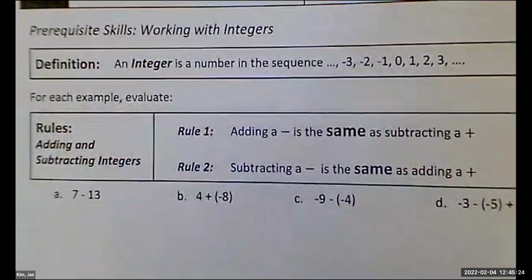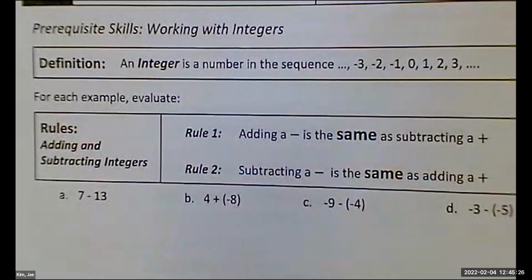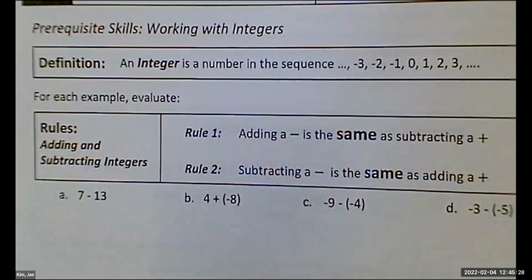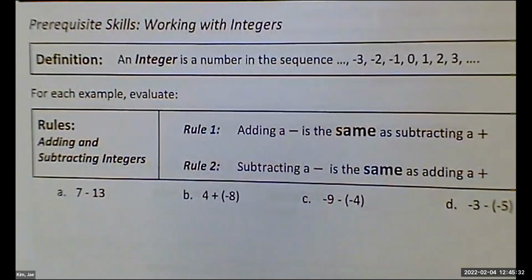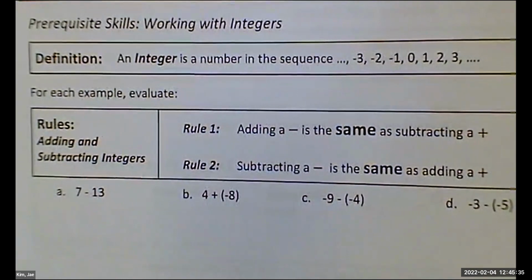All right, integers. Does everyone know what an integer is? If you do, nod your head. Okay, so half the people don't know what an integer is. Does anyone else know any other family of numbers?